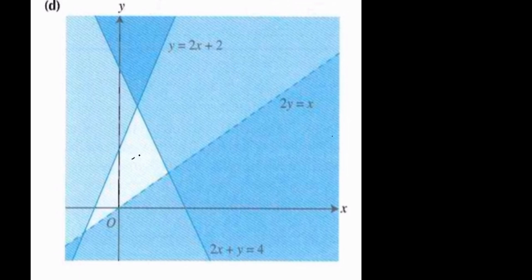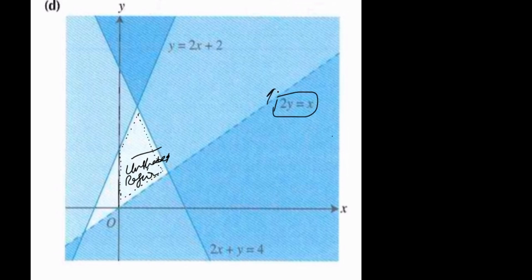Now this is our unshaded region. Our unshaded region lies in this area, that is actually the white area. So again, for this line, the line is dotted.